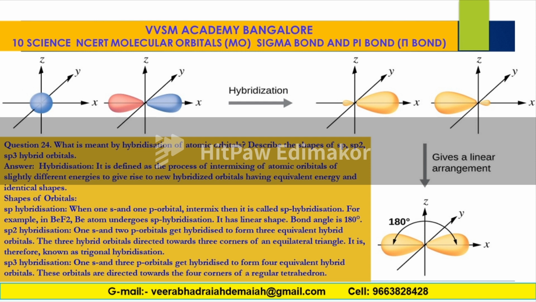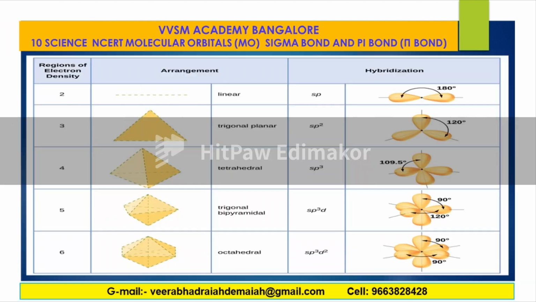What is meant by hybridization of atomic orbitals? Describe the shapes of sp, sp2 and sp3 hybrid orbitals. Shapes of the orbitals: sp hybridization, sp2 hybridization, sp3 hybridization.